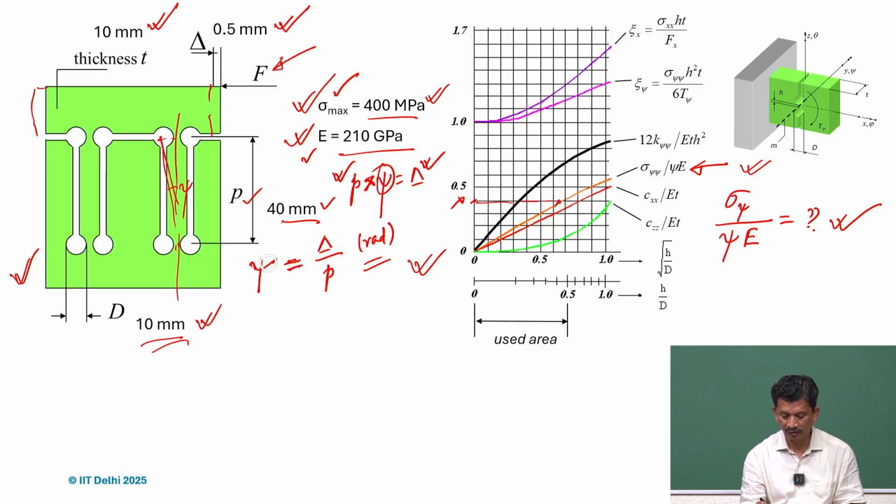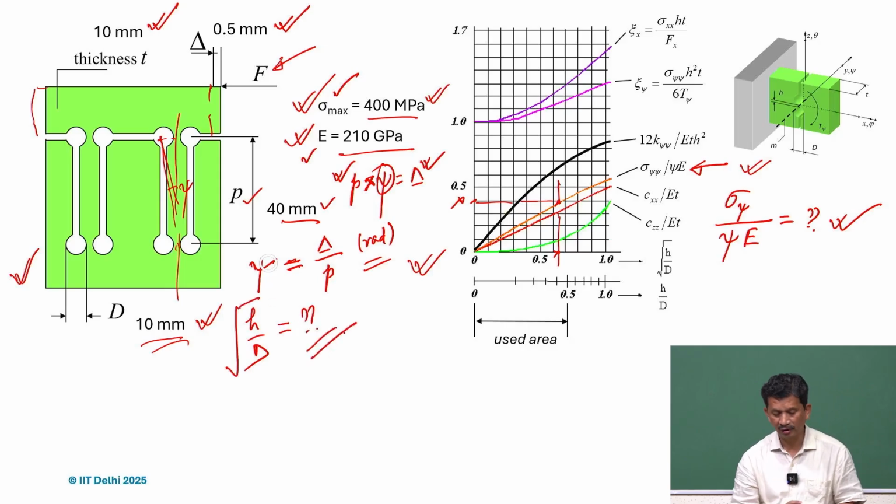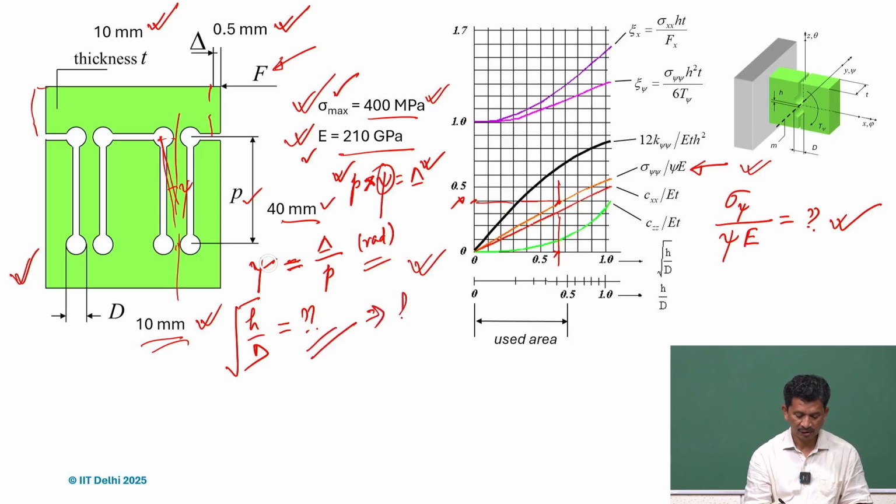I'm just guessing. Based on those sigma values, I can also find h by d. So h by d can be calculated here, or under root h by d, whichever we find convenient. Once h by d is given, h can be calculated as d is known. h is some number times d, so this will be known.